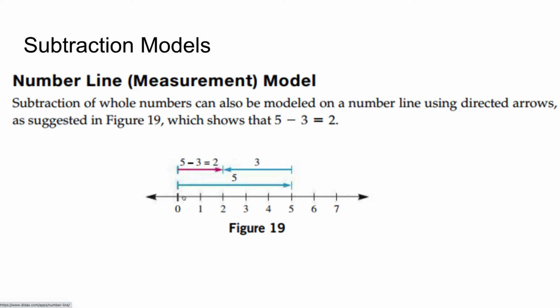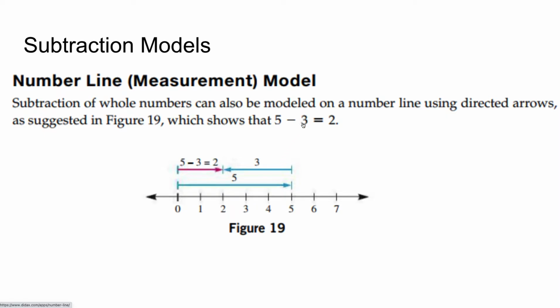Okay, so you start from 5. Remember, we start from 0 and hop to 5. Then take away 3. So go back to the left by 3 and you land there. That becomes your difference, the answer, right?